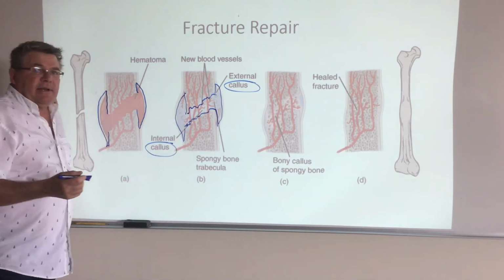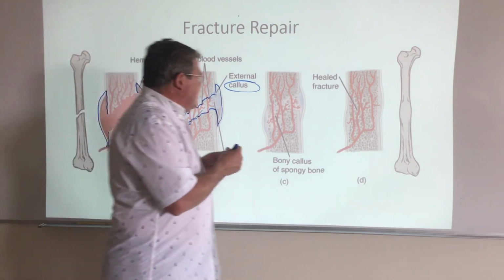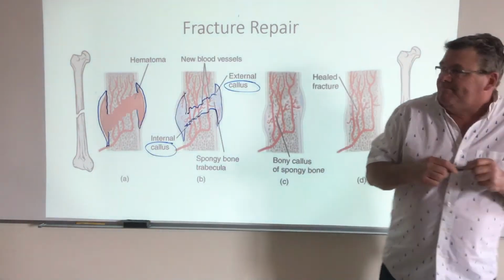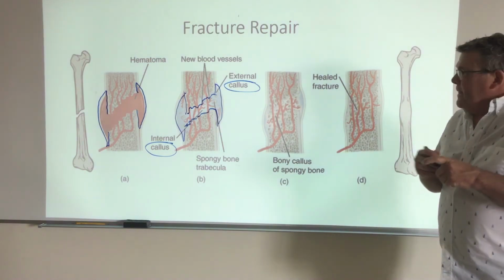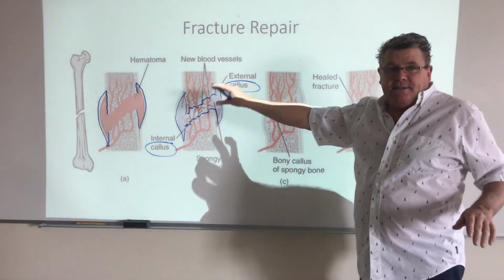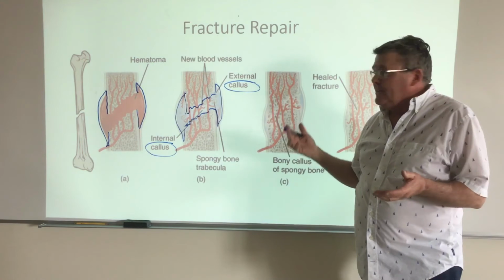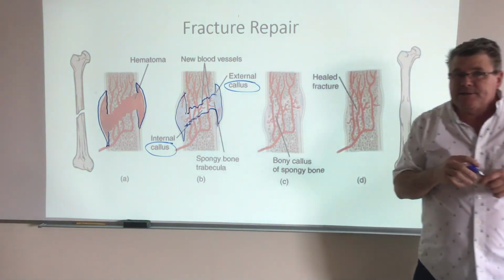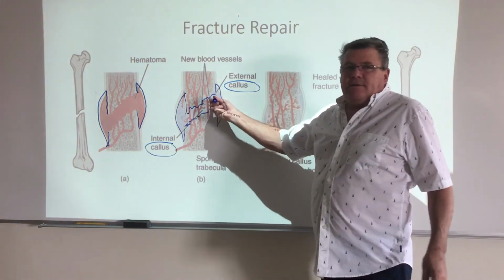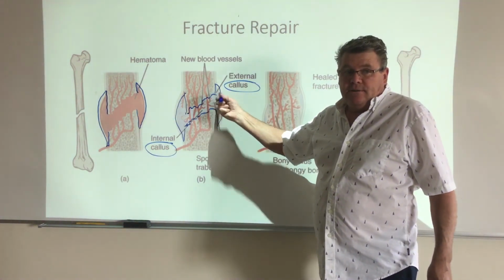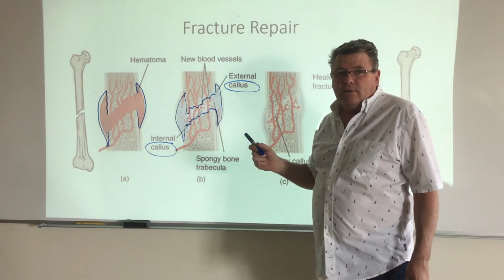Now what's going to happen next is that this cartilage-based callus is going to go through the same processes that you and I went through in the development of our entire skeletal system, which is simply, let's convert the cartilage over into bone.